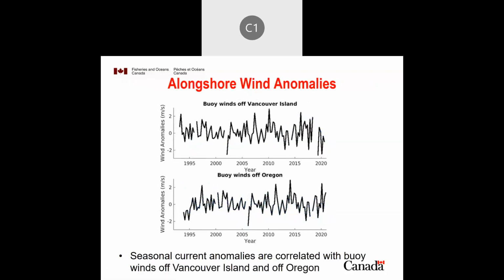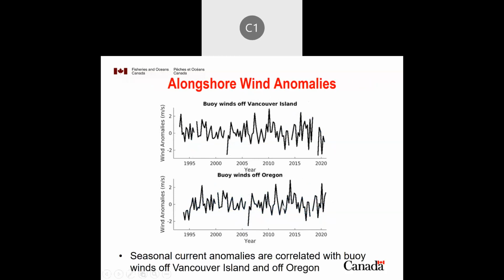Now we look at alongshore wind anomalies. As I mentioned in the beginning, there's a dominant wind pattern change from poleward in the winter to equatorward in the summer. This is the wind anomalies measured at the buoy off Vancouver Island, and the lower panel is the wind anomalies measured off Oregon.